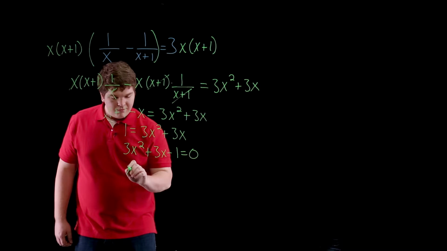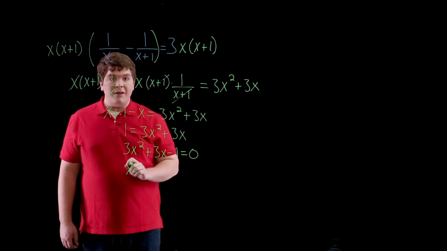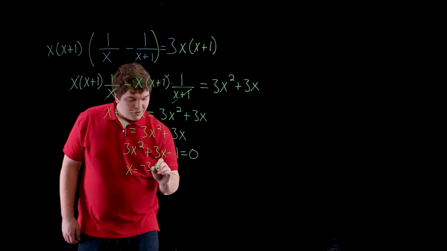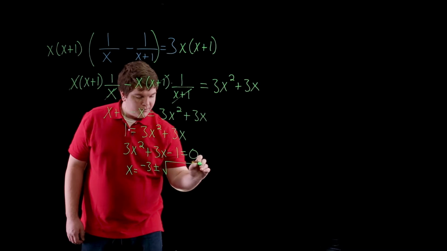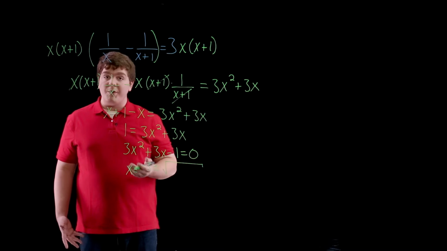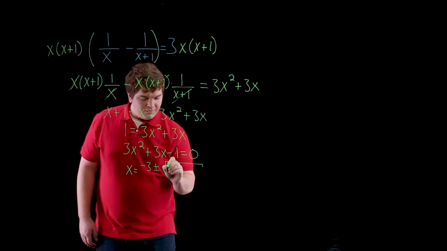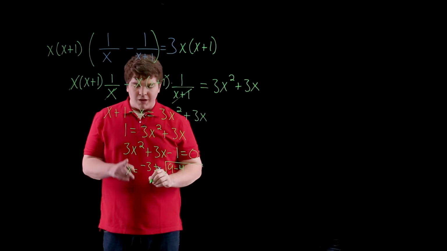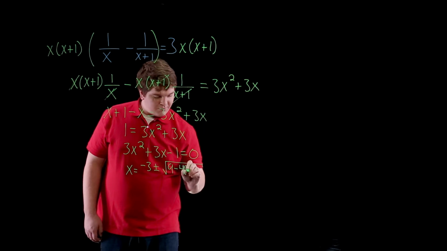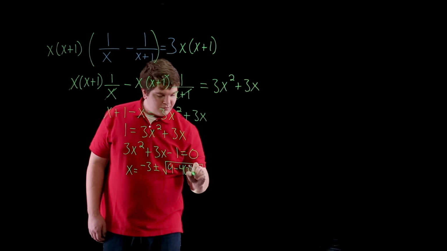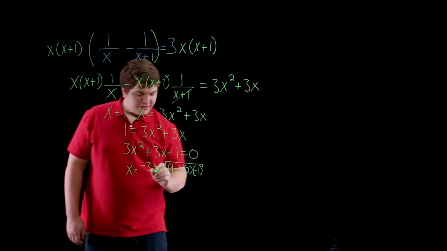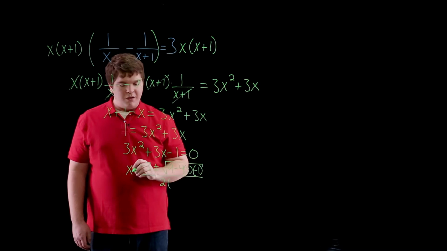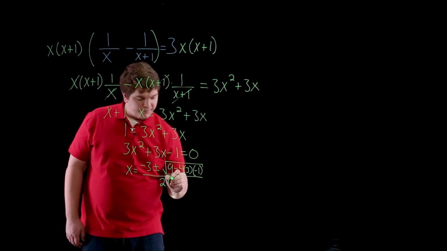So x is equal to negative b, which in this case is negative 3, plus or minus the square root of b squared, which would be 3 squared, or 9, minus 4 times a, which is 3 in this case, times c, which is negative 1, and this is all divided by 2 times a, or 3.